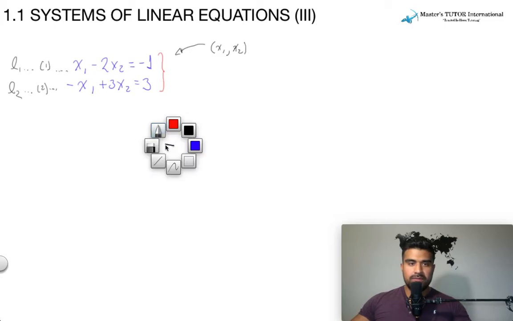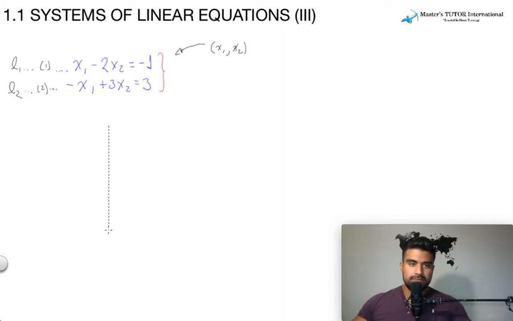We have to make a graphic of the line that makes equation 1. But first we will make our plane. So we have something like this.